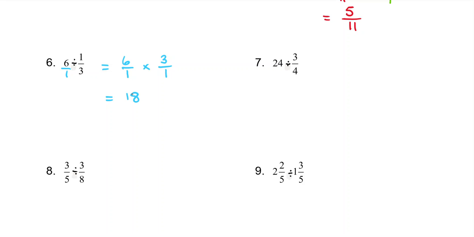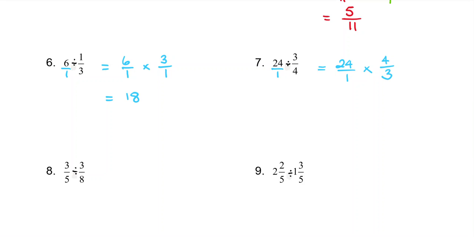Question 7. 24 is going to be 24 over 1. Okay, so I'm going to do leave, kiss, flip. Leave the first fraction, turn it into a times, and flip upside down to be 4 over 3. Is there anything that I can cancel? Yes, what? Very good.